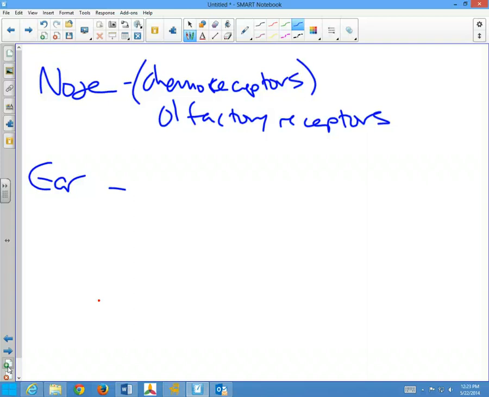Shall I push you to a place? Page 274. What are the mechanoreceptors? There are mechanoreceptors, but that would be in parentheses. But remember, that's not the actual name.